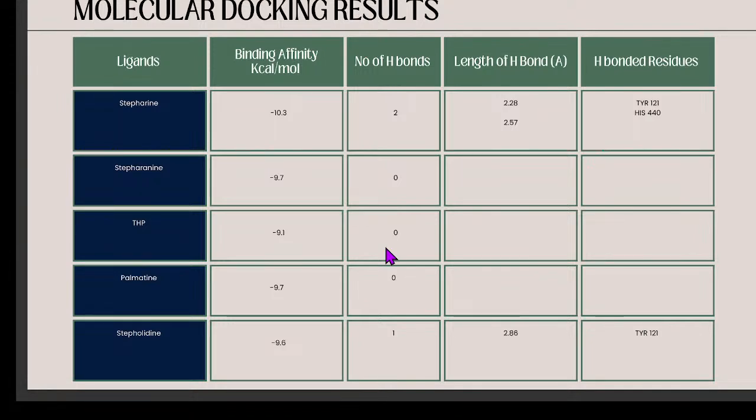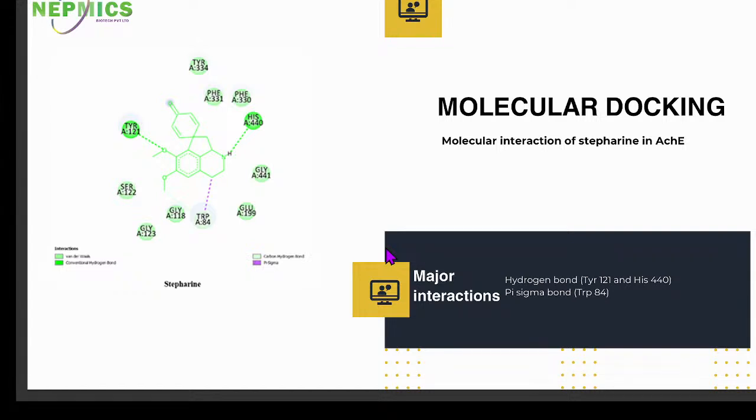Although they have good binding energy, because of lack of interactions, we didn't select the other 4 compounds as probable molecules to screen further. So these are the results for molecular docking, and you can see the best conformation and the interactions as well.